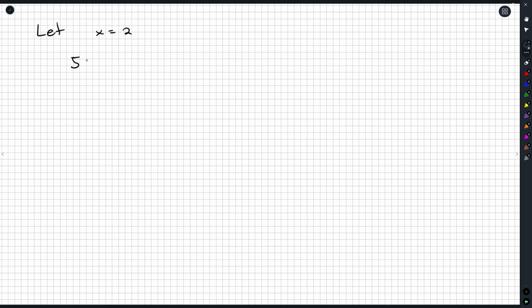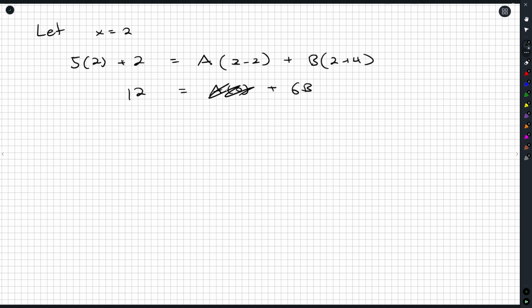So x equals 2, so that's 5 times 2. Is it plus or is it minus? Plus 2. So that'll be 12 is a times (2 - 2), which will be 0, plus b times (2 + 4). So that's 12 is a times 0 plus 6 times b. So 6b is 12. b must be 2.